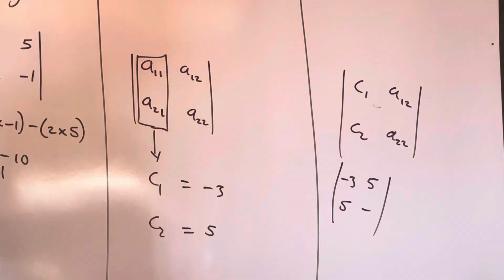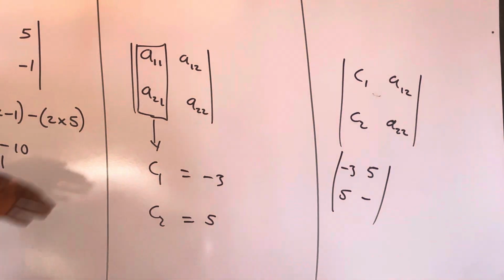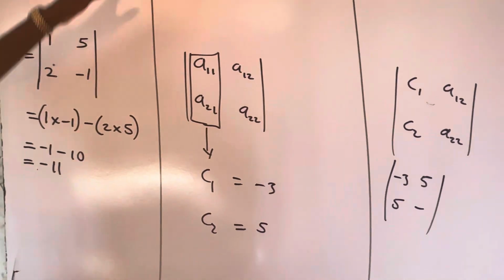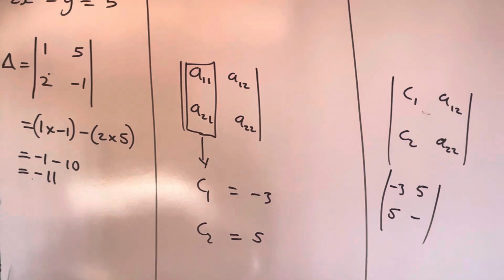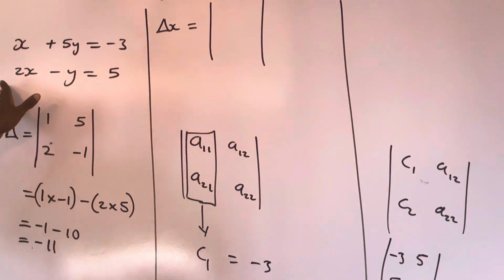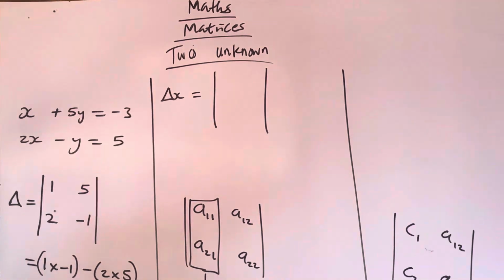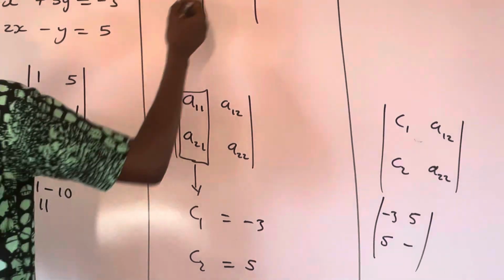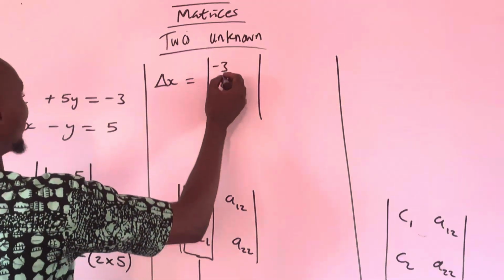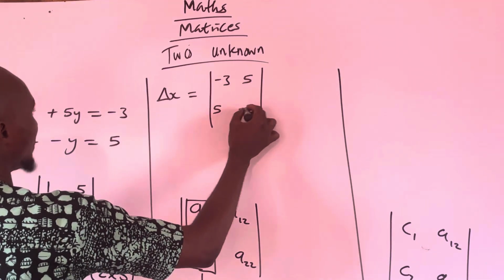Those formulas I was busy deriving, that you guys didn't understand, this is the application now. In essence, since you want to find delta x, all the coefficients of x won't be used. Rather, we use the coefficients of y and the constants, which are C1, C2. So here we have minus 3, 5, then 5, minus 1.